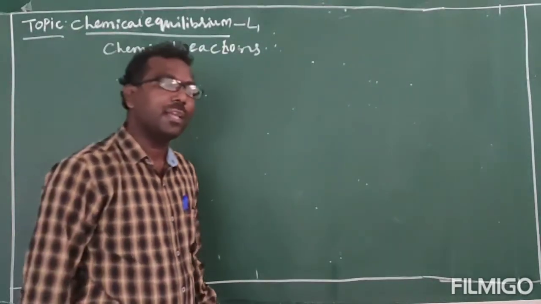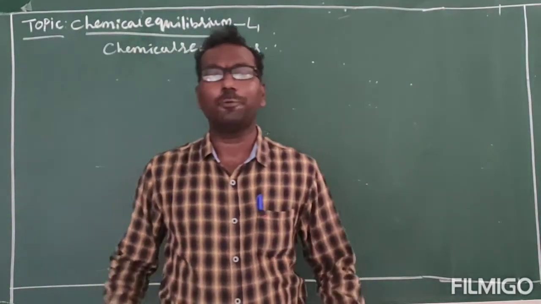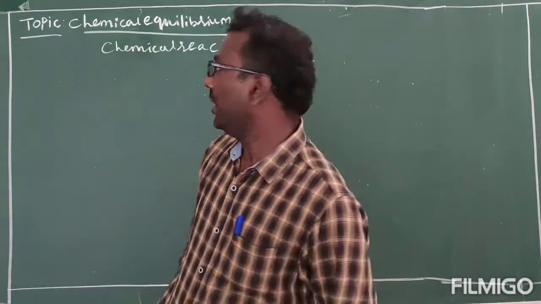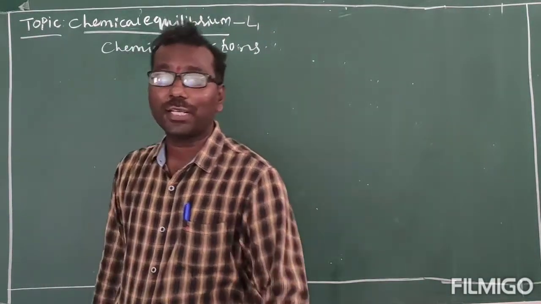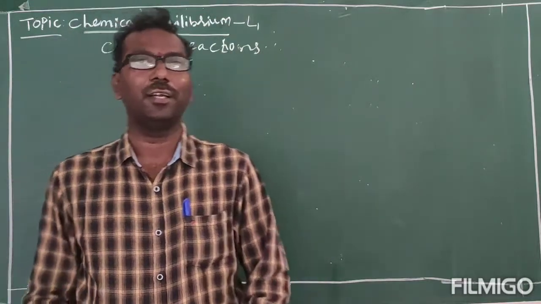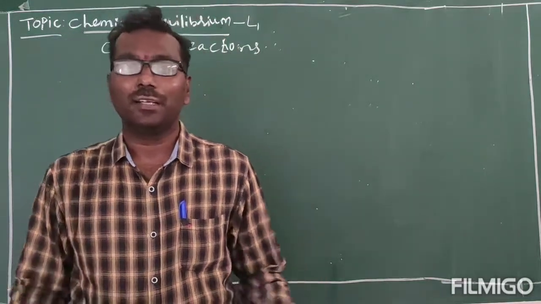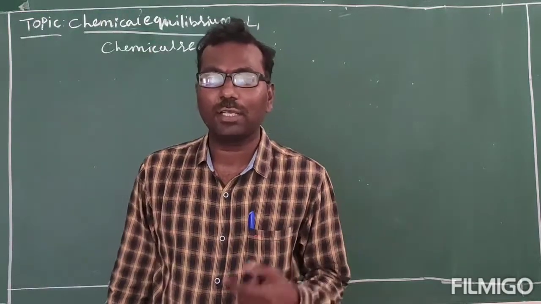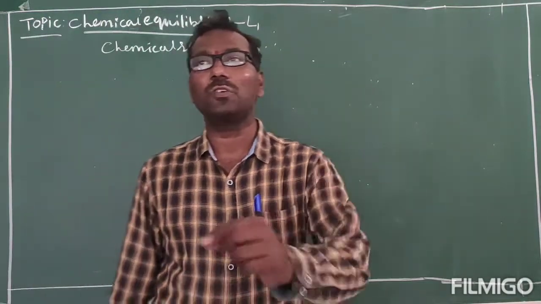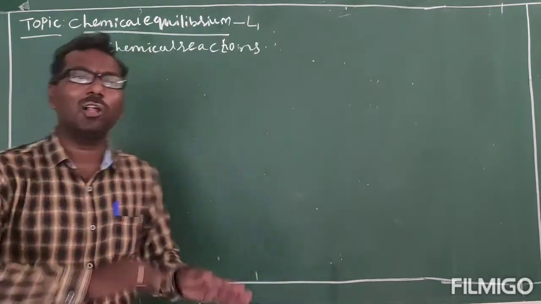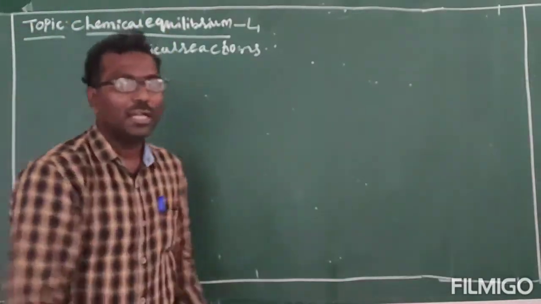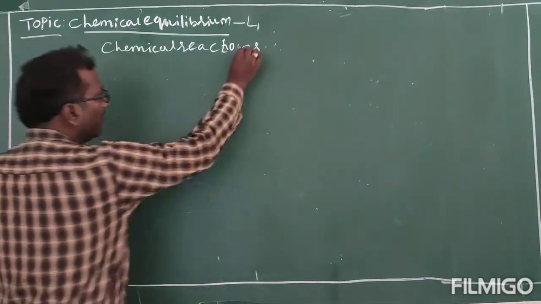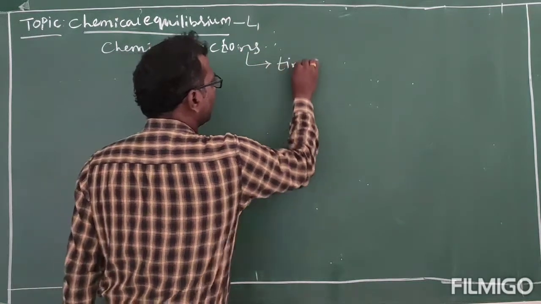Up to 7th, 8th, 9th and 10th classes, you might have studied the different types of chemical reactions based upon physical state and chemical states, and reversible, irreversible. But the most important aspect of a chemical reaction is when it is going to finish, when all the reactants are going to form the product.